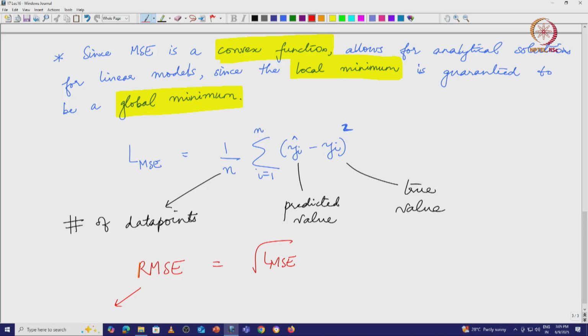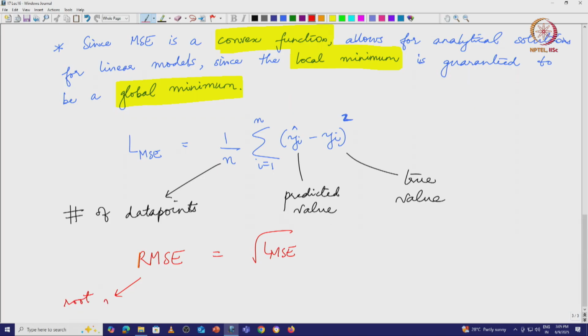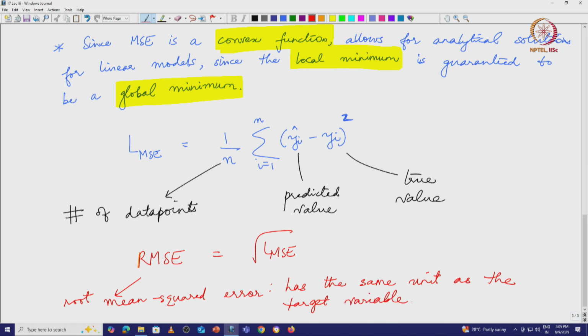So this is the root mean squared error, and the advantage is it has the same unit as the target variable, and that is particularly useful.